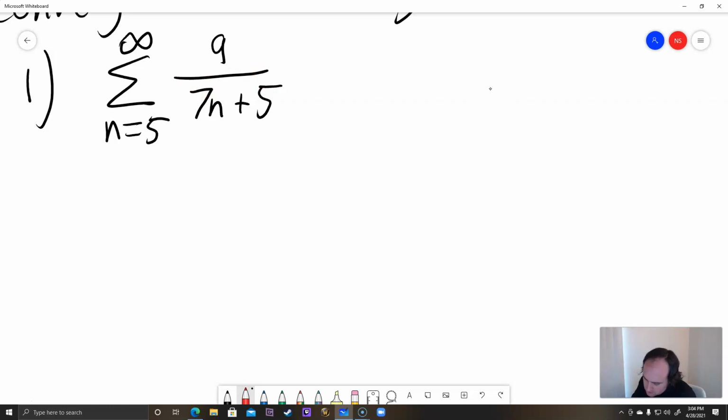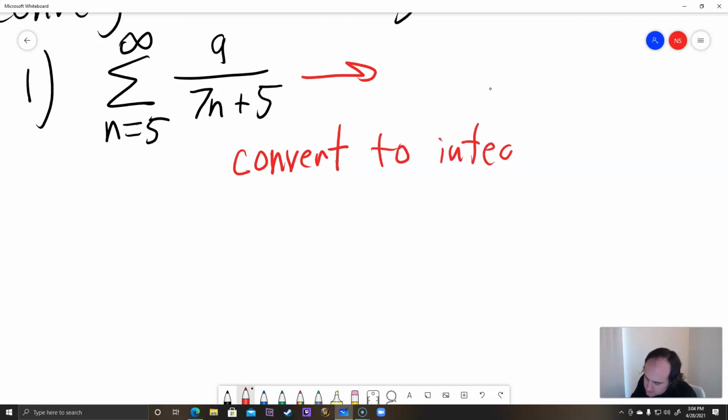So convert to integral, and generally your series is going to be in terms of n, so you're going to convert all the n's into x's. So convert to integral in terms of x.